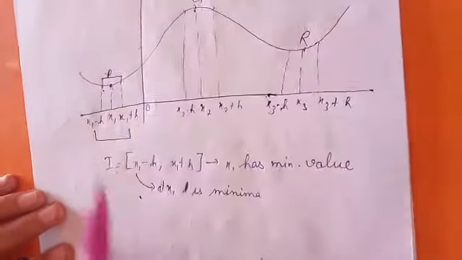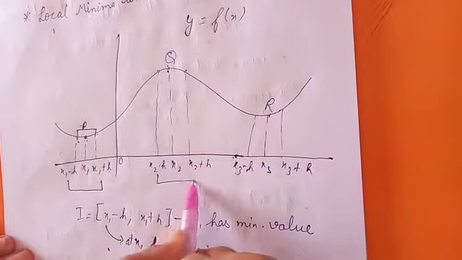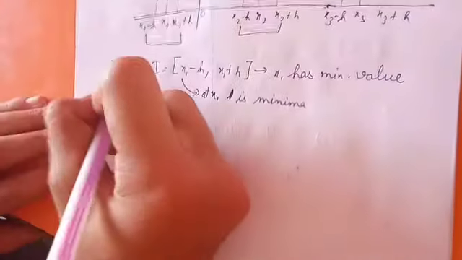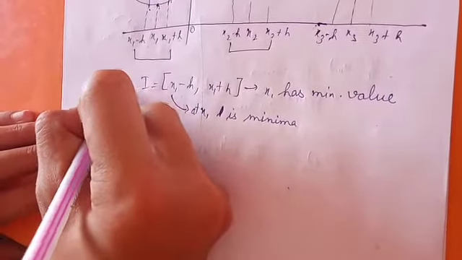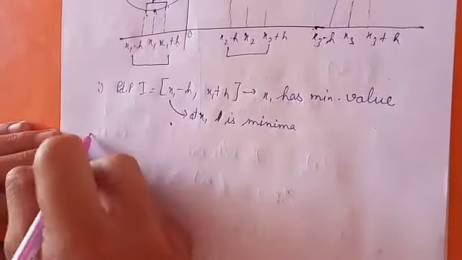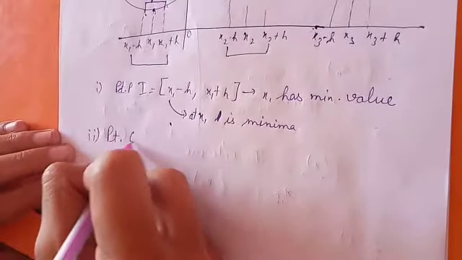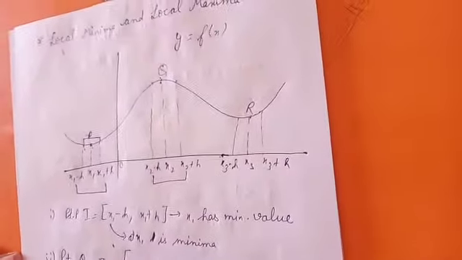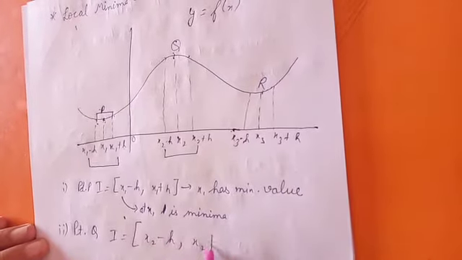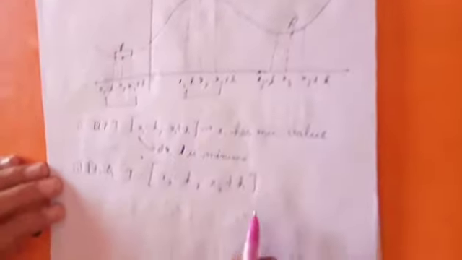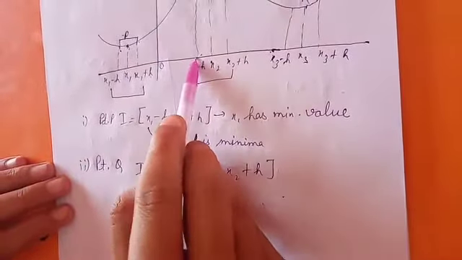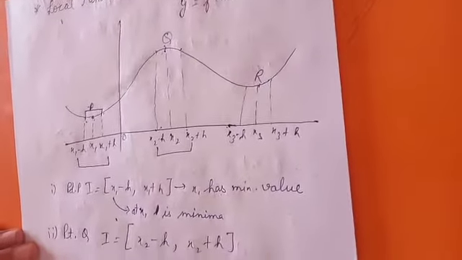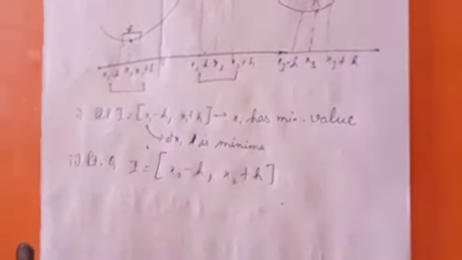Now we talk about point Q and interval x2 minus h, x2 plus h. So that was our first case for point P. Now the second is for point Q. Now here our interval is x2 minus h, x2 plus h. Only in this interval, from here to here, what we see is that at point Q we have our maximum value.